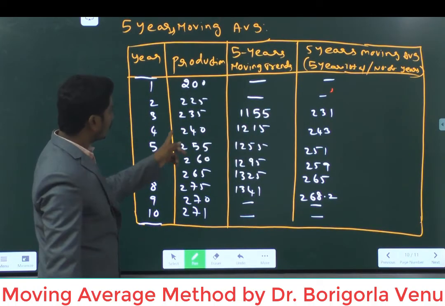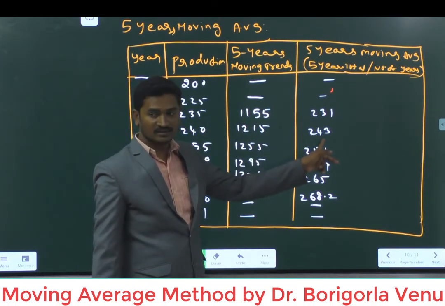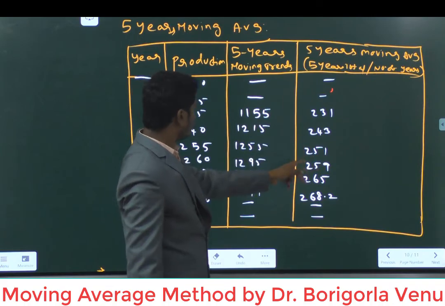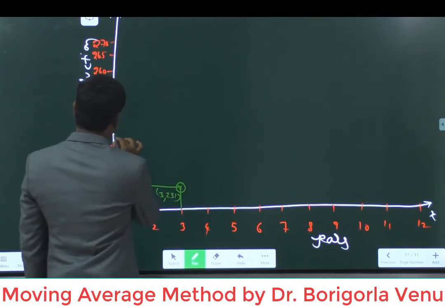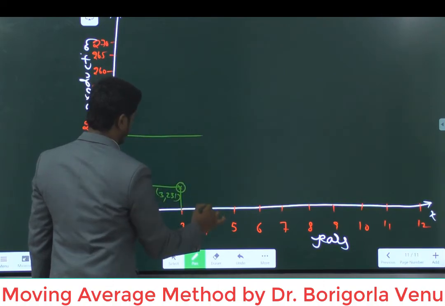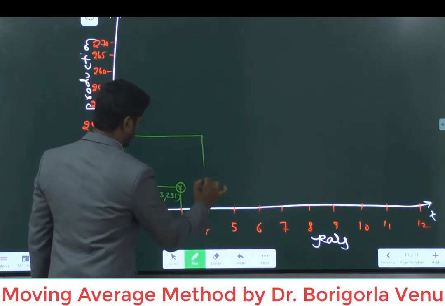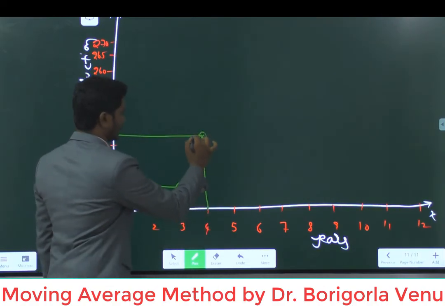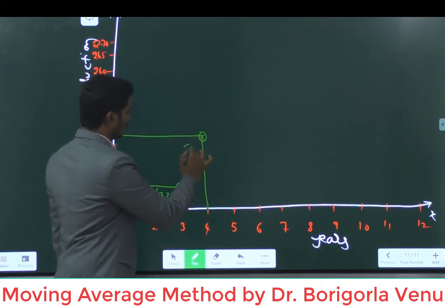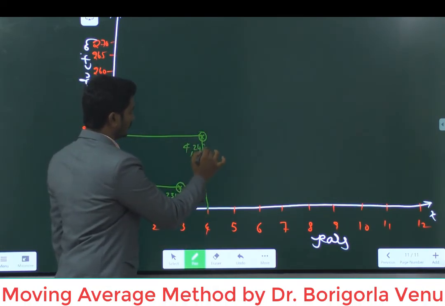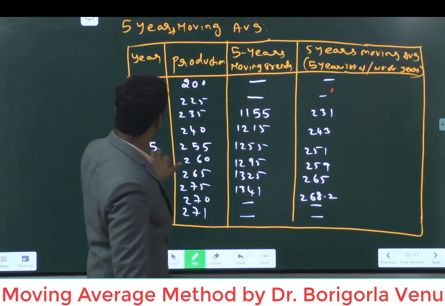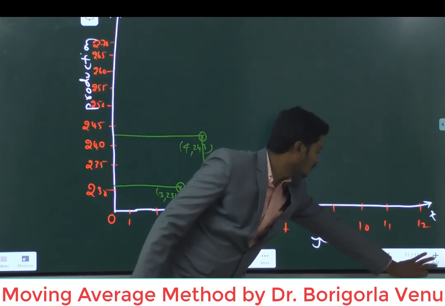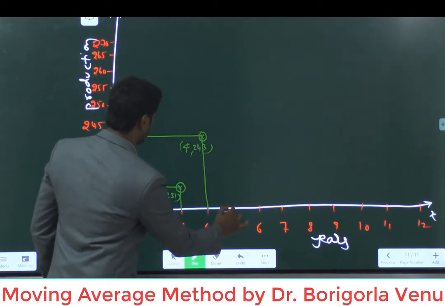Coming to the fourth year, the moving average is 243, so for this fourth year we are going to plot 243. Next, the fifth year demand is 251, so we draw 251 for the fifth year.